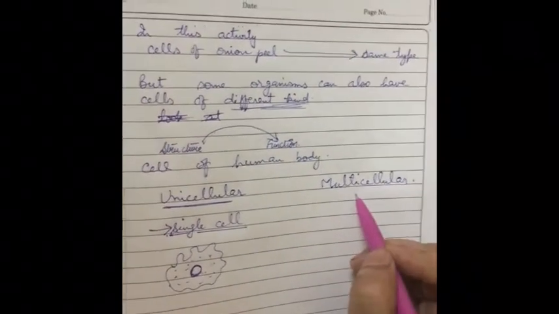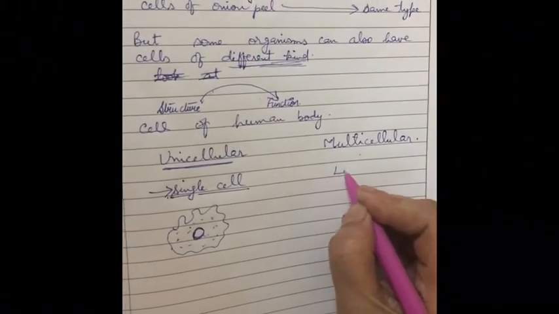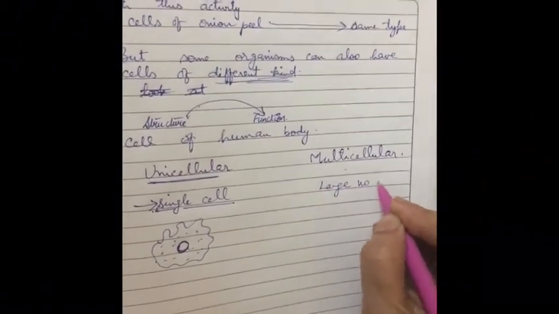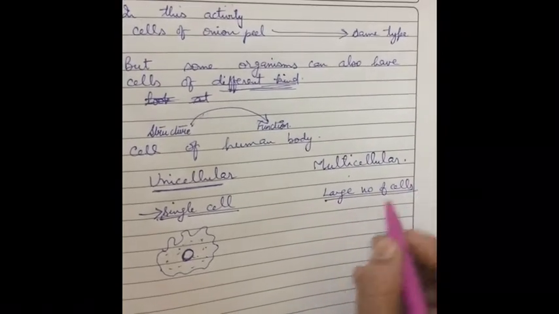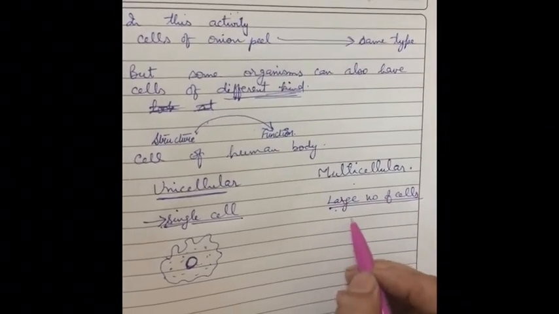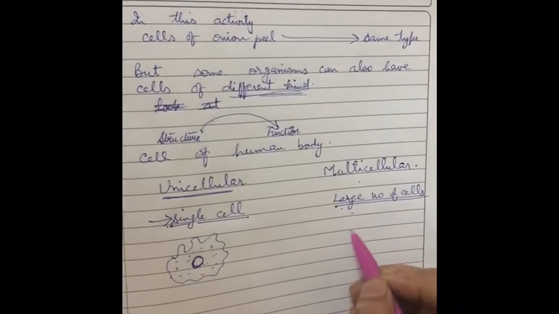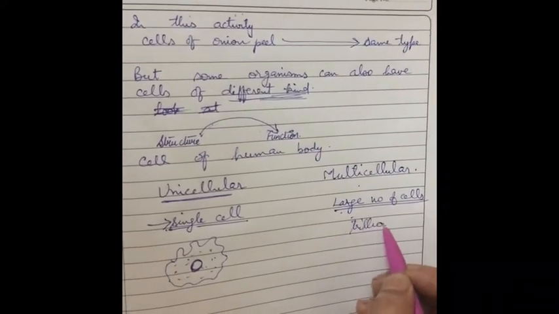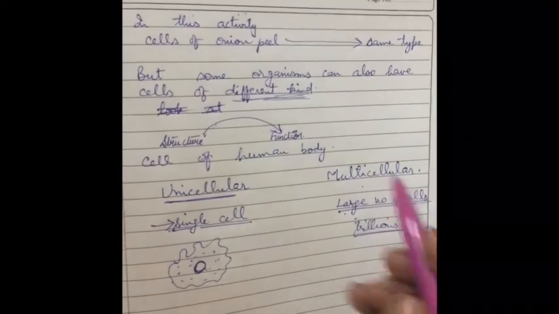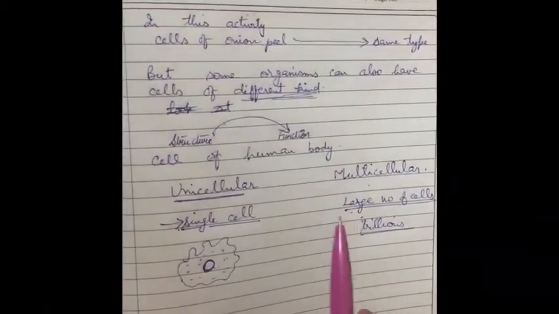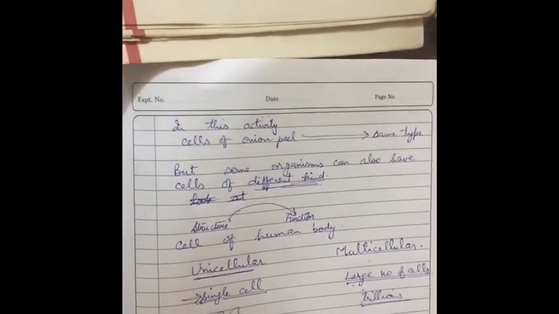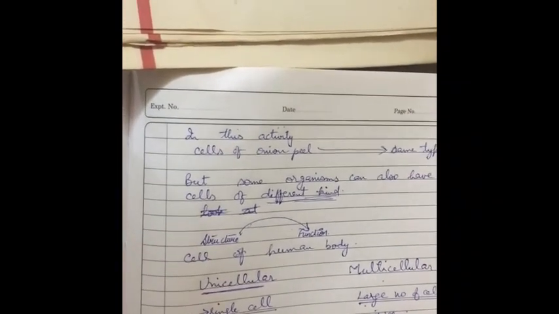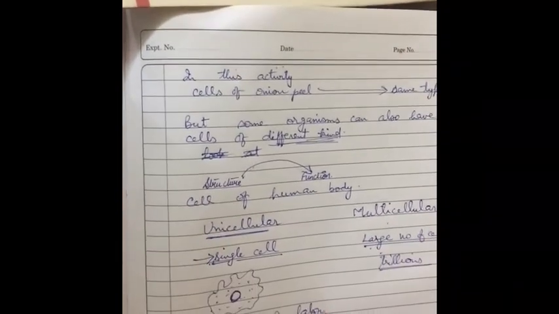While in multicellular organisms, a large number of cells are present. Their numbers can be millions or trillions, as in the human body, trillions of cells are present. And all these cells have different structures. As you have seen in the diagram just now, they have different structures and they perform different functions. So this is known as division of labor. This division of labor is found in the multicellular organisms.